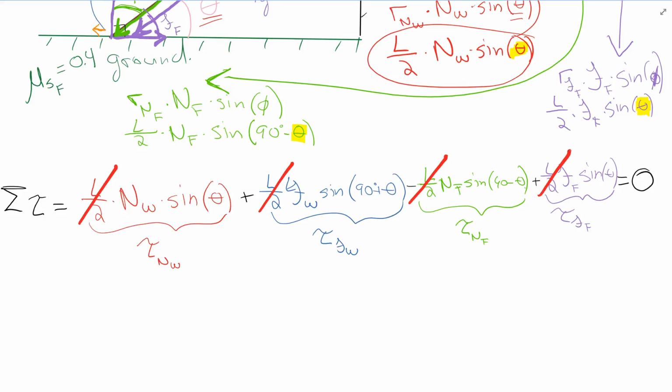The next really nice thing is that I can start taking advantage of some geometry and trigonometry, and I can get rid of this really ugly stuff that's inside of those 2 sine functions.